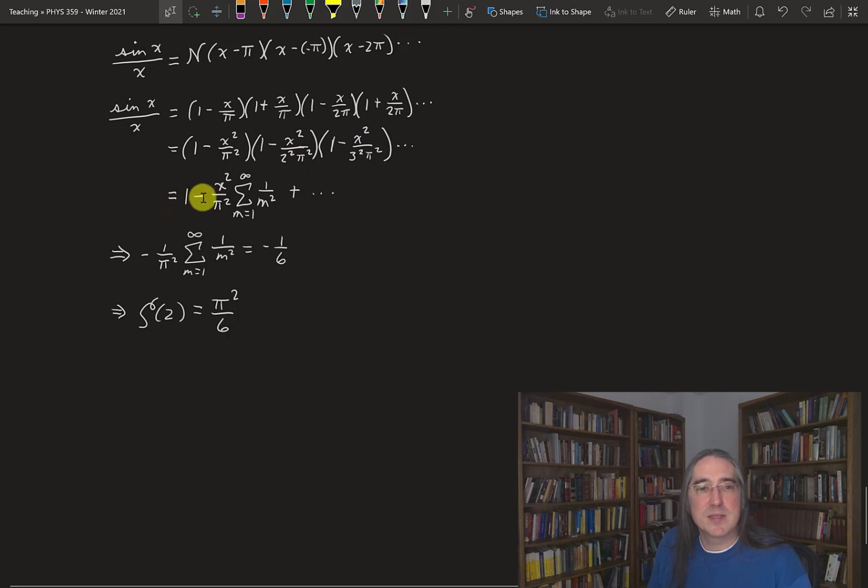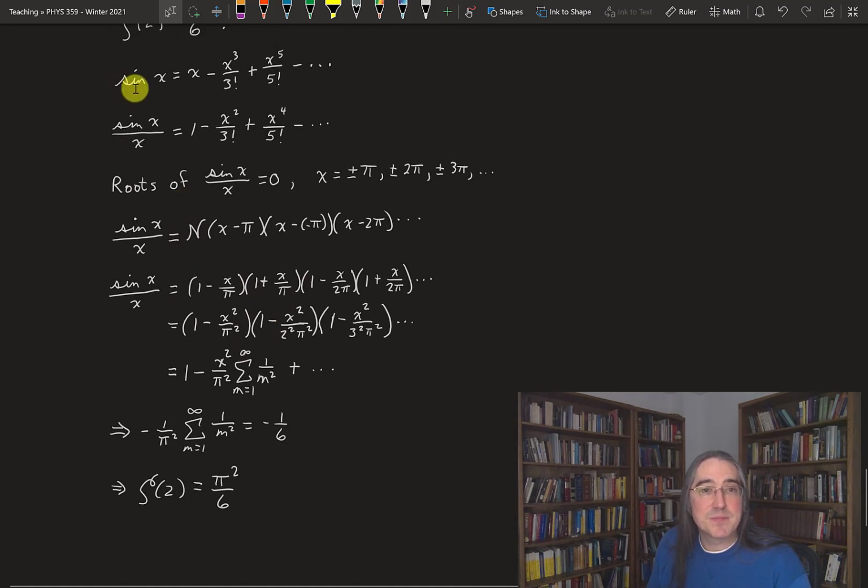So 1 minus, what do all these terms look like? Every term has an x squared over pi squared. That can go out front. And again, this is 1 over 1 squared, 1 over 2 squared, 1 over 3 squared. So when we start doing the product out, we'll get 1 minus x squared over pi squared, sum on the integers, 1 over integer squared, plus some more stuff. And we're going to stop because we got what we wanted. There's zeta of 2.